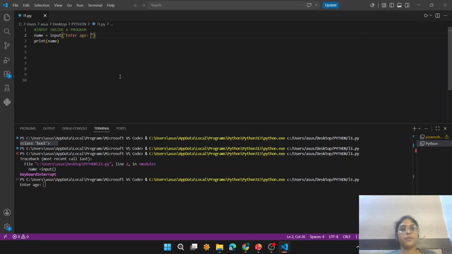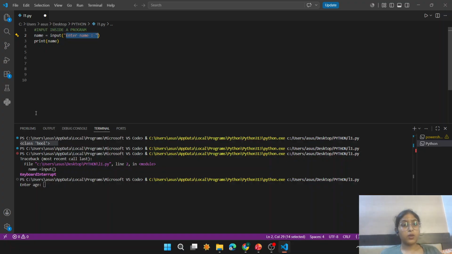Okay, now it's working. So what we are doing, let's enter a name. We are creating a message that here we are entering a name, and let's see what happens when we print it. Let's first clear this prompt.